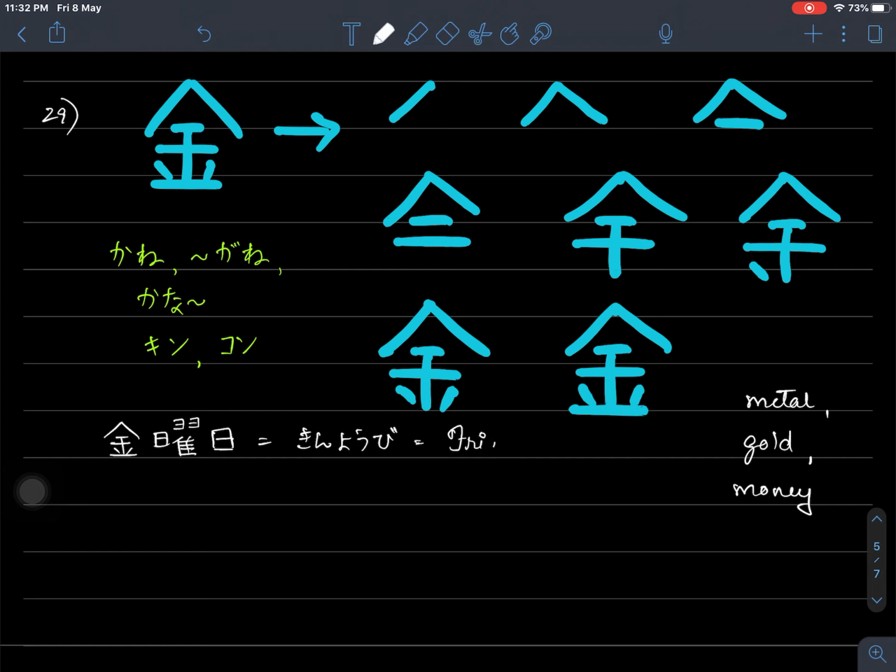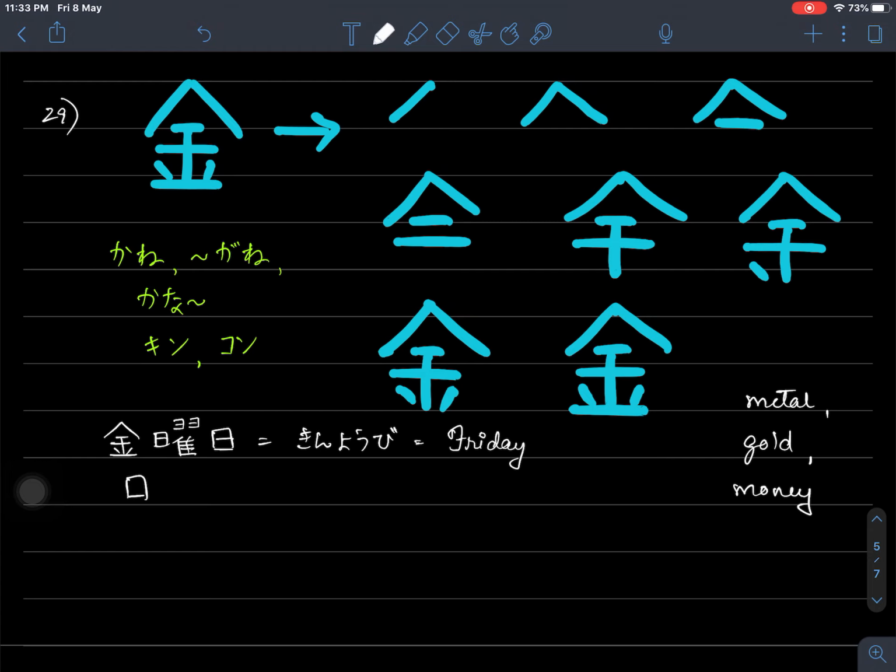Kinyobi being Friday. I think Fridays are associated with Venus. I'm not completely sure about that, but in any case, this is known as Friday.